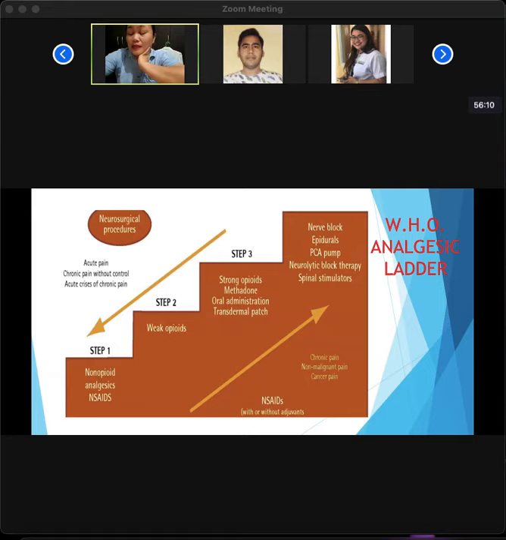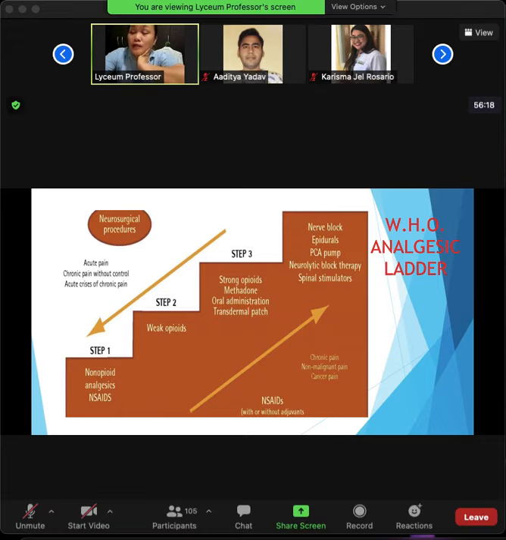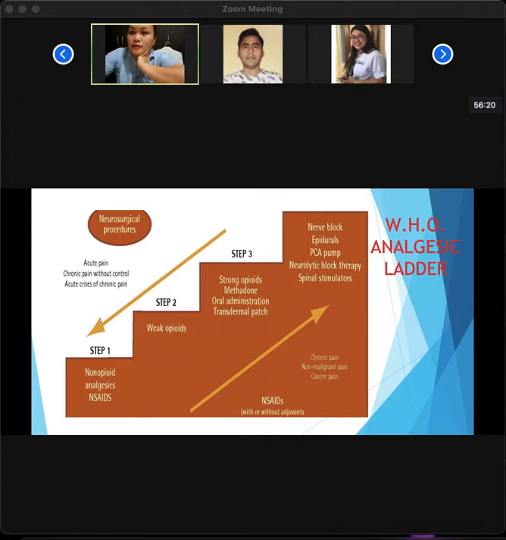Especially for cancer patients, usually the pain is chronic. If you start at the higher dose or higher pain reliever, then the patient may develop tolerance. So you have to start at the milder pain reliever, and then go up.